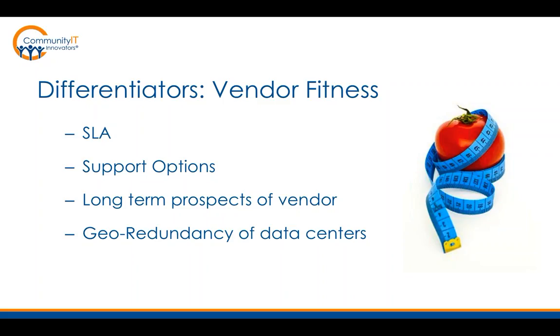And then geo-redundancy of data centers, we weren't sure where to put this. We put it on this slide. This is sort of like, do they just have one data center and you think you're getting really good service? The idea is that there's not a single point of failure, but you want someone who has the wherewithal, the money, to really build this out right.